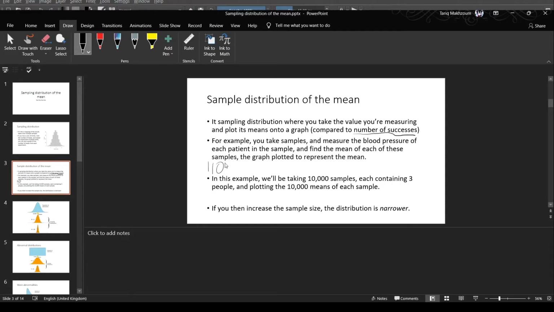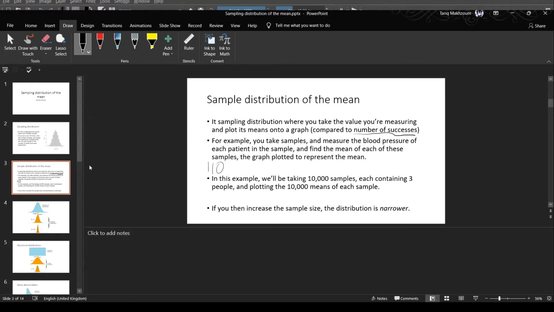And let's say you took 10,000 samples, each of those samples having 3 patients inside them. So what you'll end up with is 10,000 means, each taken from a sample that has 3 patients. You took those 3 patients, measured their blood pressure, and found the mean of that sample.